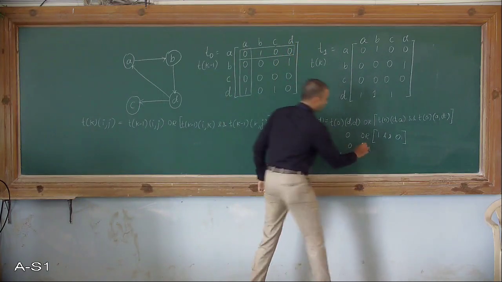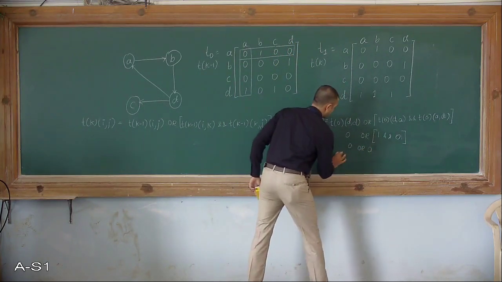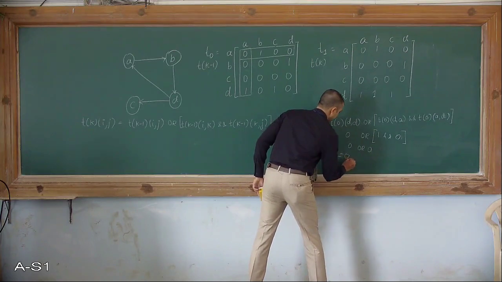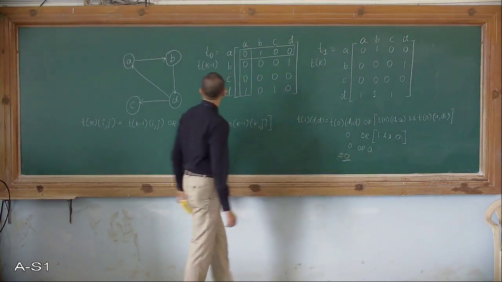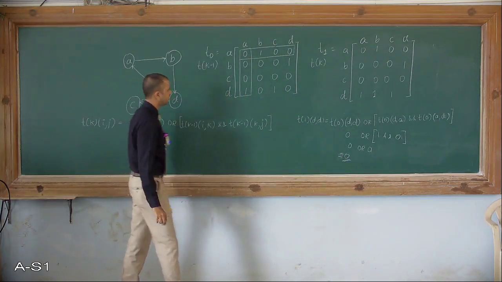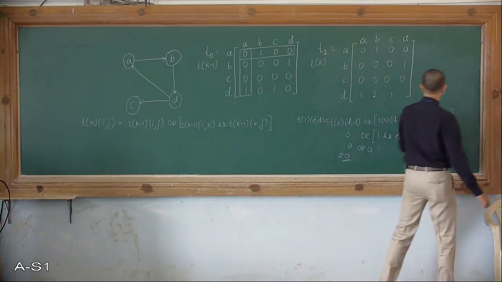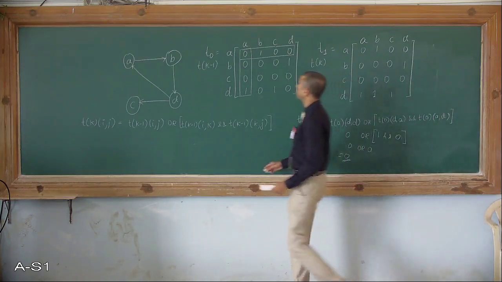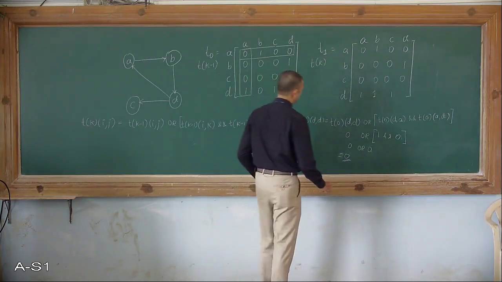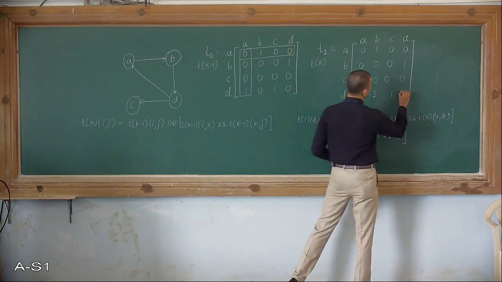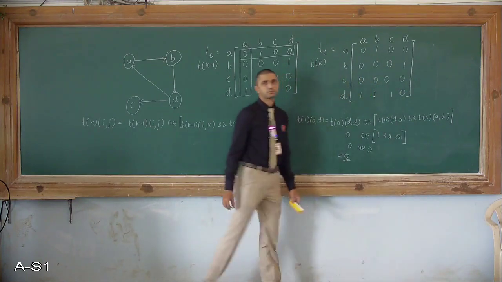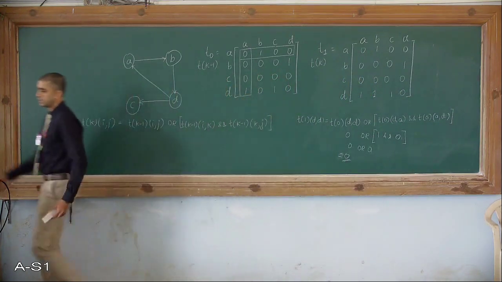So 1 and 0 is 0. 0 or 0 is 0. D to A and A to D. Yes. So D to D, here it is going to be 0. In T of 1, D to D will be 0.